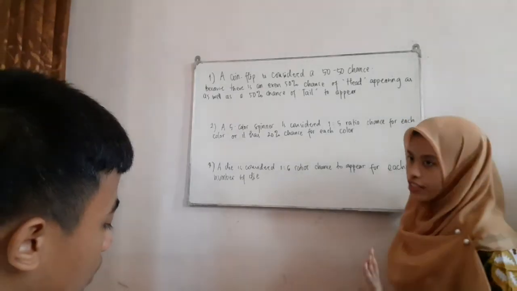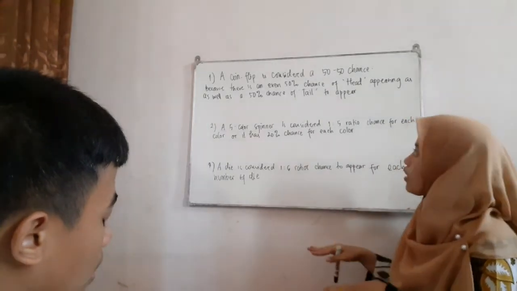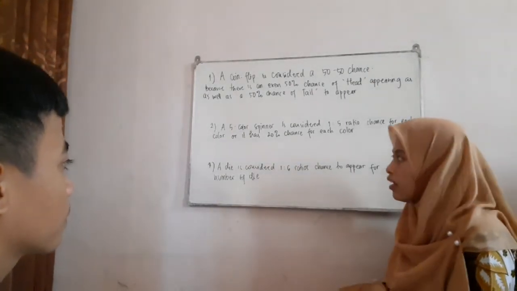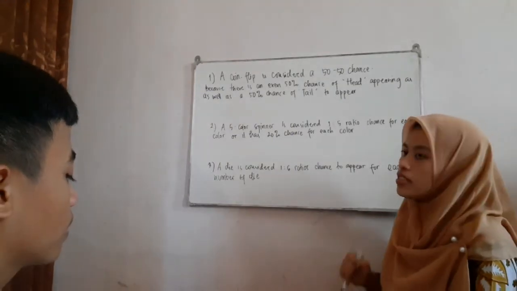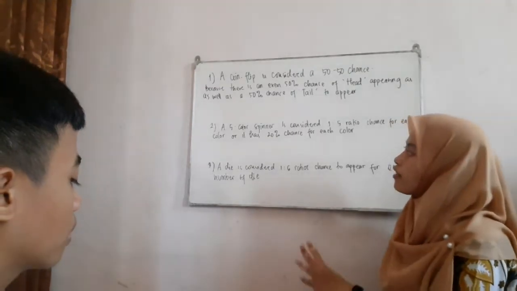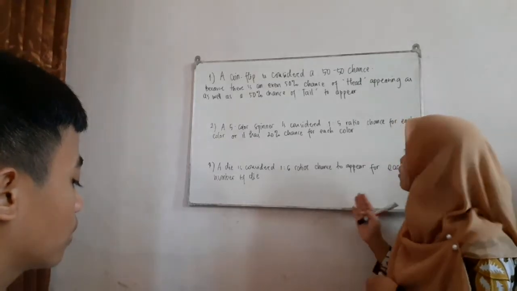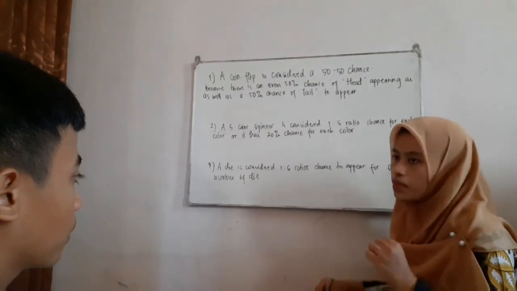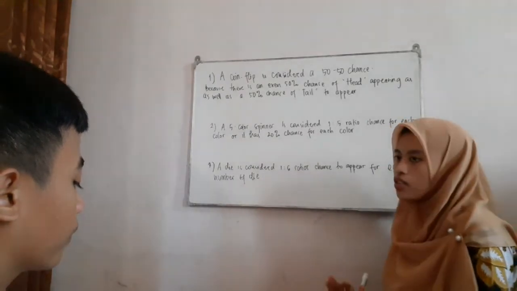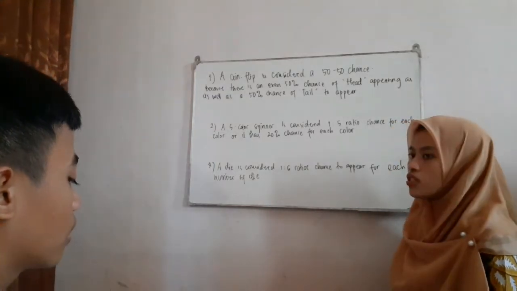Here I have three statements. The first is a coin flip is considered a 50-50 chance because there is an even 50% chance of a head appearing as well as a 50% chance of a tail appearing. And the second, a 5-color spinner is considered a 1:5 ratio chance for each color, or it has a 20% chance for each color to appear. And third is a die is considered a 1:6 ratio chance to appear for each number of the die.